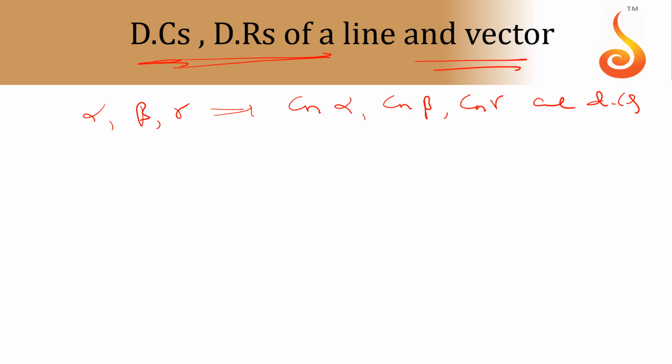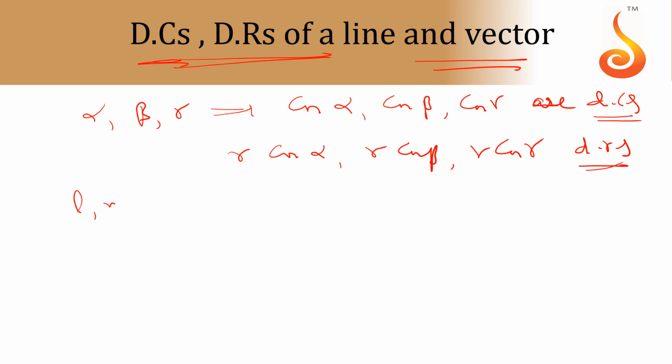Then if you multiply by any non-zero constant, they are called DRs.